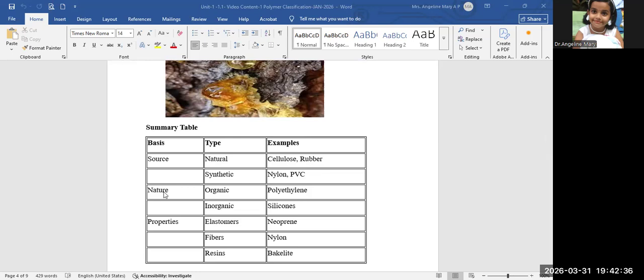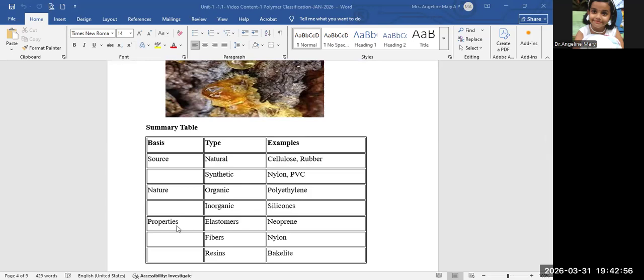Based on the nature of the polymer, it is subclassified into two types: organic polymers and inorganic polymers. An example of an organic polymer is polyethylene. An example of an inorganic polymer is silicone.